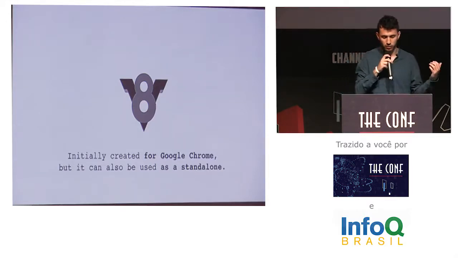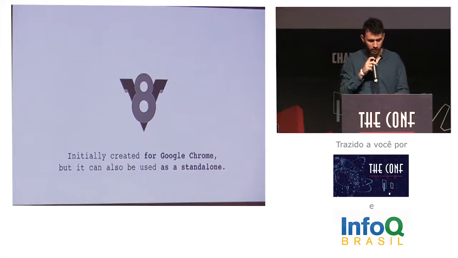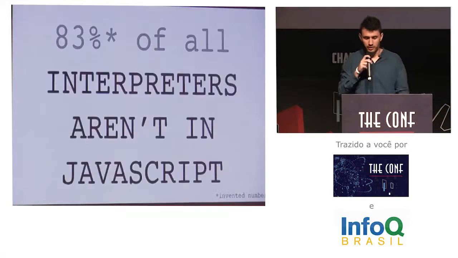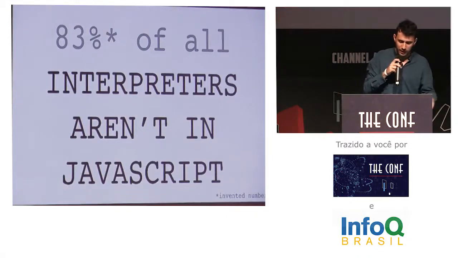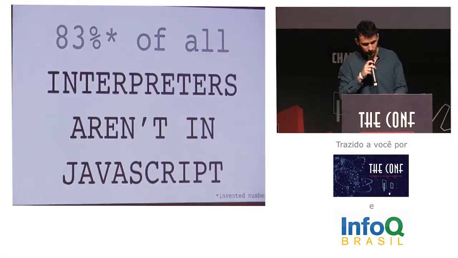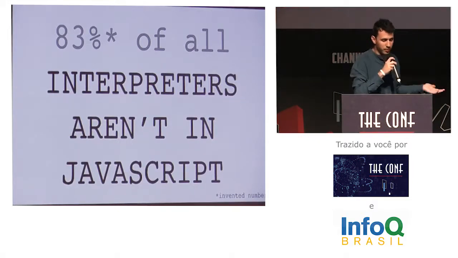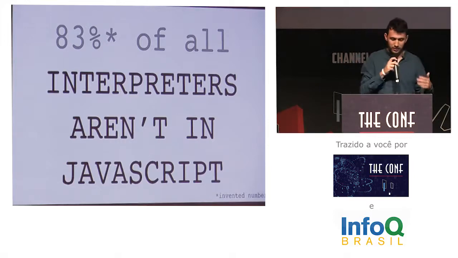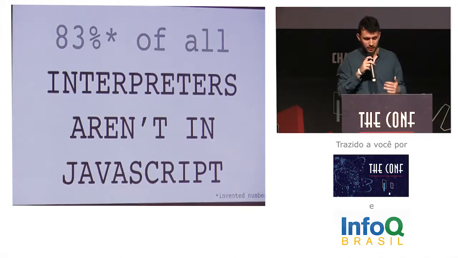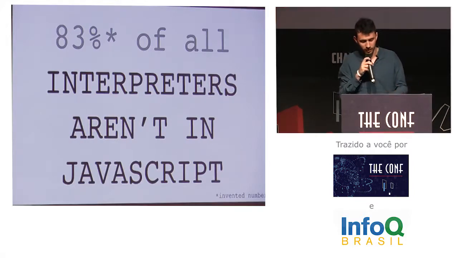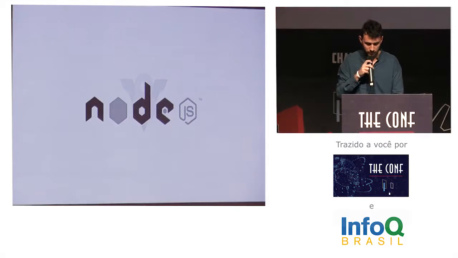It was initially created for Google Chrome, but it can also be used standalone or embedded into any C++ application. I always like to say that 83% of all interpreters are written in JavaScript. This is a fake number, as you can see. But it is important to understand one thing: data structures generated by V8 are not similar to usual JS structures.